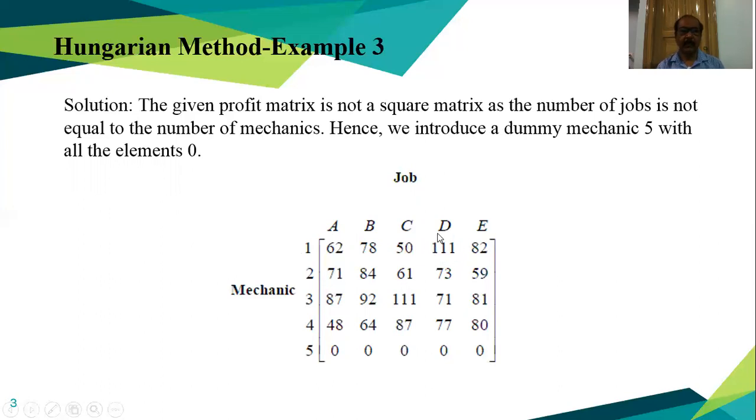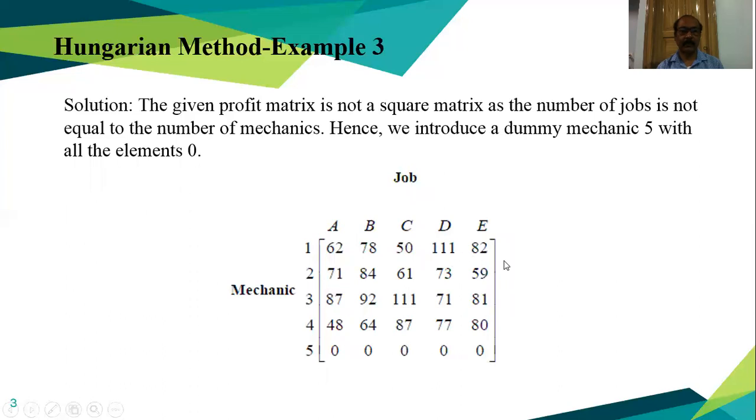So this is our maximum element. This is our profit matrix. That profit matrix we have to convert to the loss matrix by subtracting each and every element from this maximum value, 111.